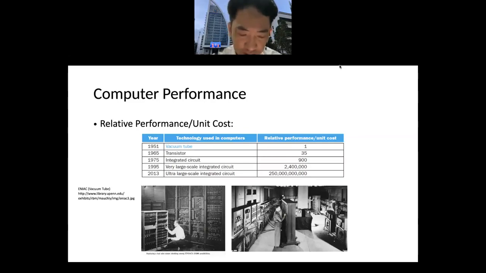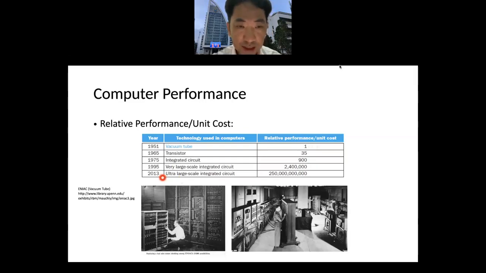And if we use the performance per unit cost as the reference, for example, for this machine, if you have the performance per unit cost as 1, we can compare with the current technology, which is much better than this one.